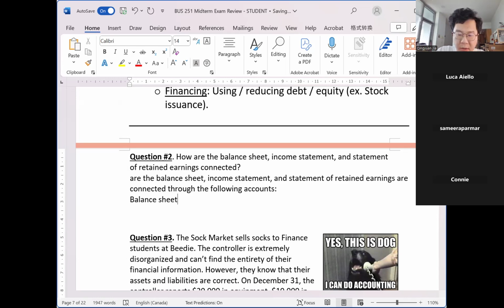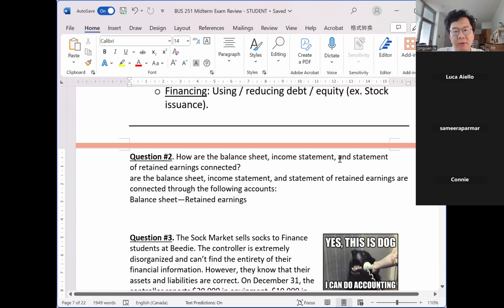Balance sheet, retained earnings. Remember that retained earnings is listed in shareholders' equity, and also retained earnings will be reflected in the statement of retained earnings. So that's how it is connected.